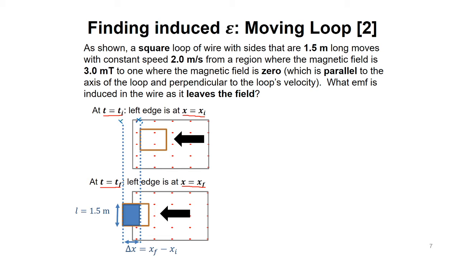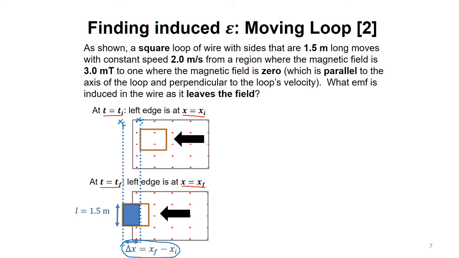This point is x initial and this point is x final. Our loop moves from x initial to x final. It moves a distance of delta x, so delta x equals x final minus x initial.